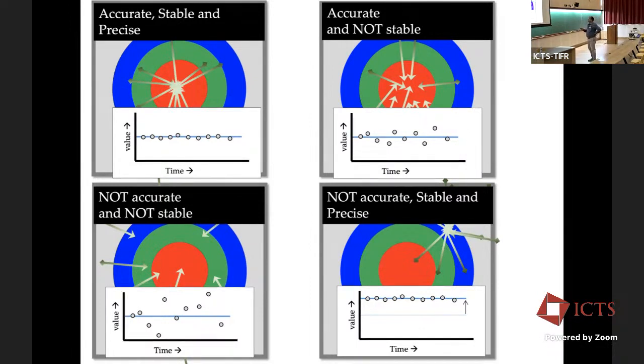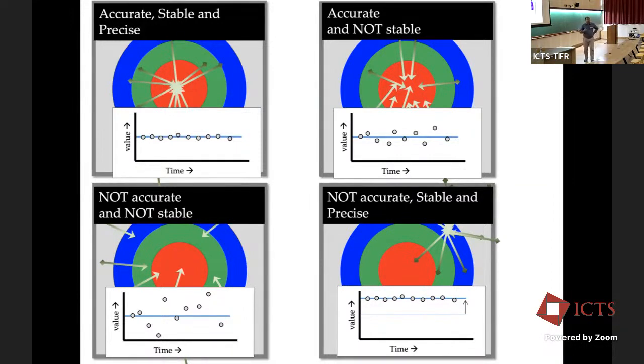In other cases, your average value is somewhere above or lower compared to the true value. This one is a very accurate, stable, and precise measurement, whereas this one is not accurate, but it is a stable and precise measurement.